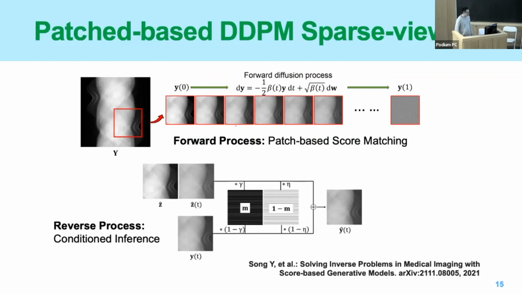Here are some technical details. The DDPM model operates through a forward process that gradually adds noise to the patches from the normal CT data, and a reverse process that recovers the patches from the noise. A neural network is then trained to learn the score matching function and help to realize the reverse process.